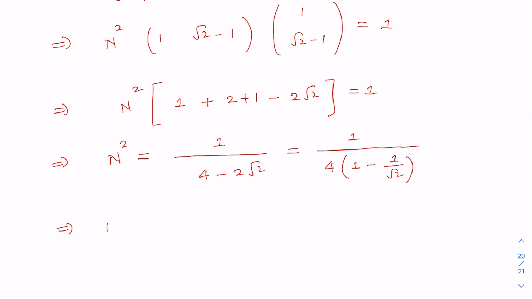This means n is equal to 1 by 2 times (1 minus 1 by square root of 2) to the power minus half.